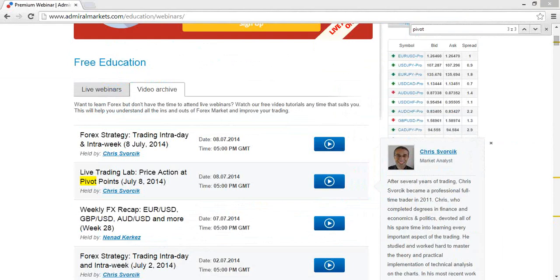Then go to MQL4, go to Indicators. Paste that indicator here, like this, Camarilla. Close MT4, open MT4. Go to Insert, Indicators, Custom, and you should see it there. You just click on it and it will be on the chart.